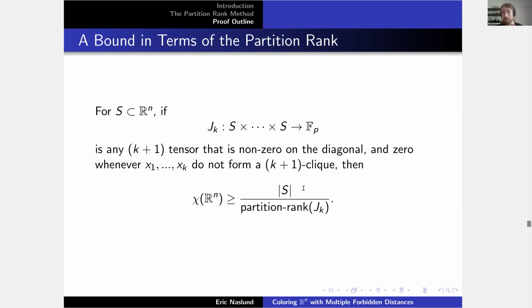If we find a JK, a tensor with this property, and a good set S, then we get this lower bound for chi of R^n of k+1 cliques. I maybe should have been a little more precise in the left-hand notation of that equation.